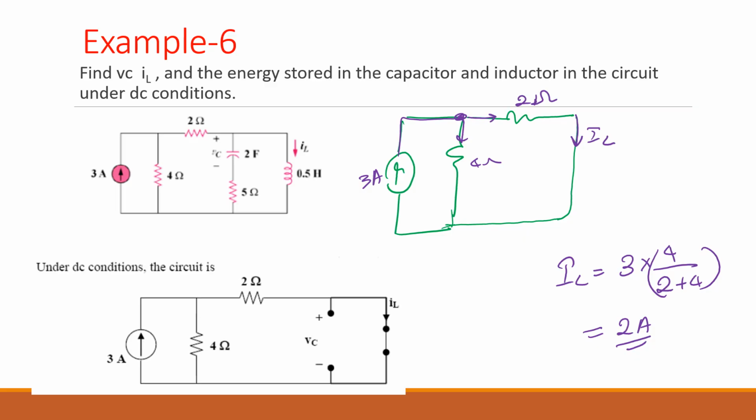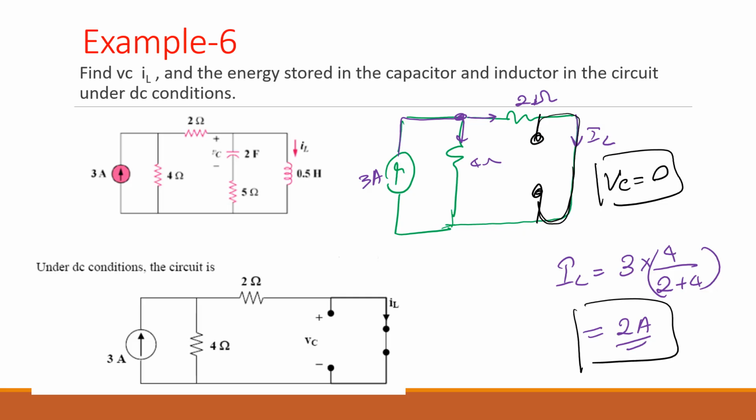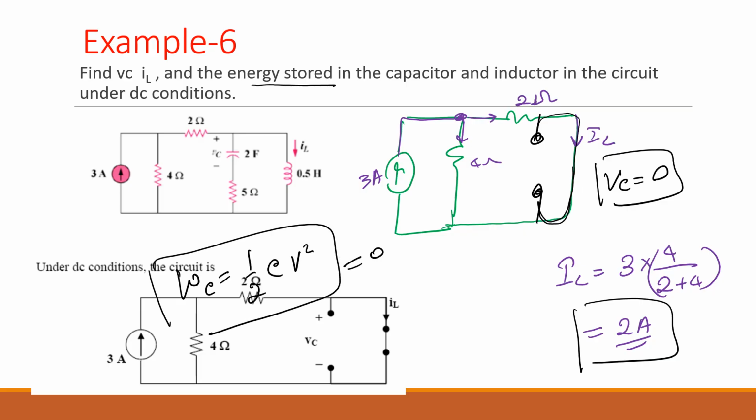Are we good? Okay. Now we need to find the voltage across these 2 points. Am I right? Again, voltage here is 0. VC is equal to 0. So if you want to find the energy, you can find the energy as well. They're asking the energy. So WC is equal to half times C times V squared. Anyway, this will be 0 because your V is 0.